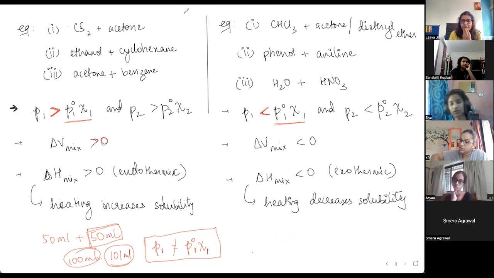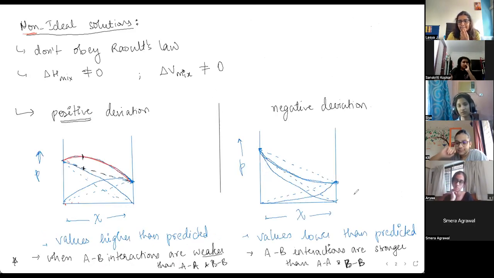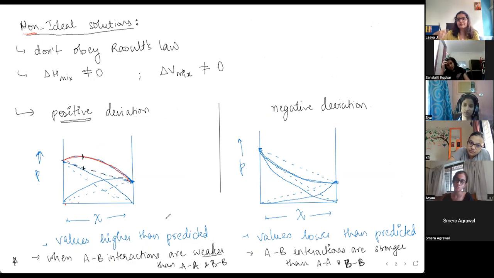Can you show the graph? Can you go back? So in the first one, in positive deviation, if AB interactions are weaker, how is the vapor pressure more? If the interactions are weaker, what do you think will happen to the tendency to vaporize?